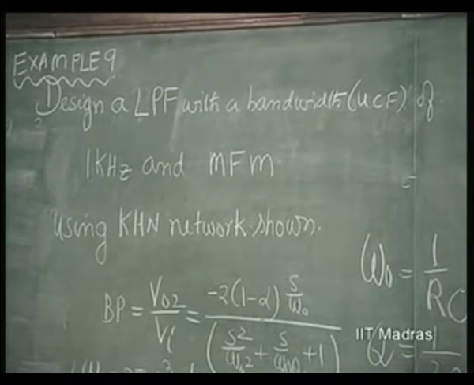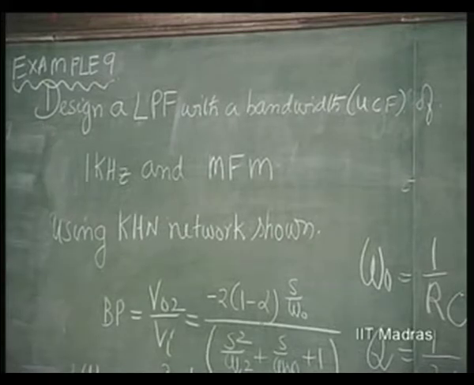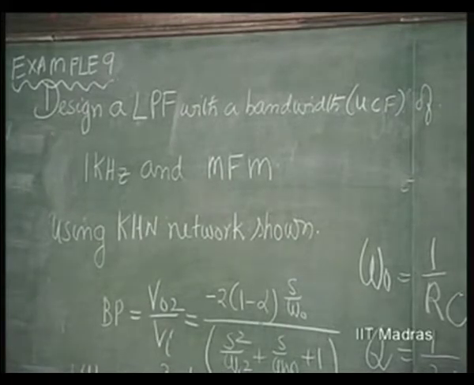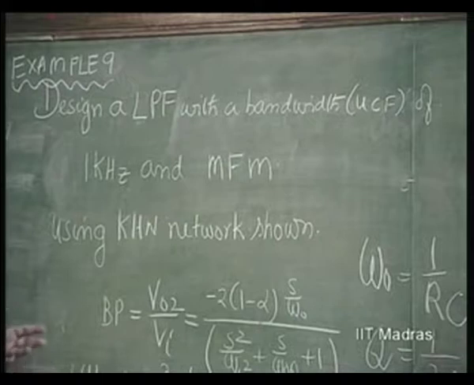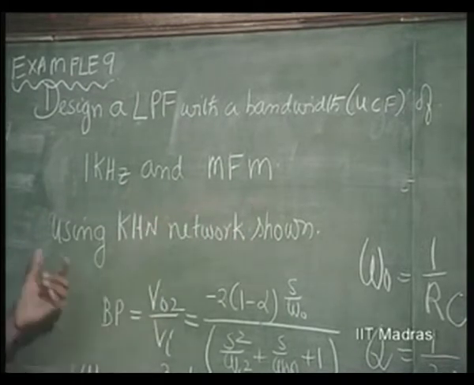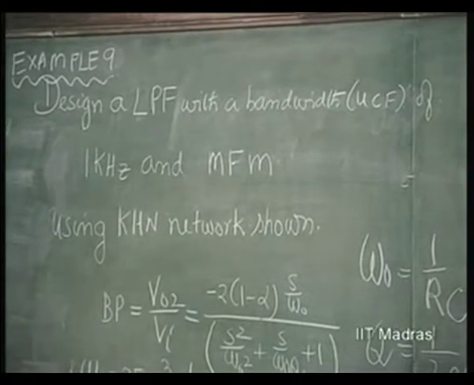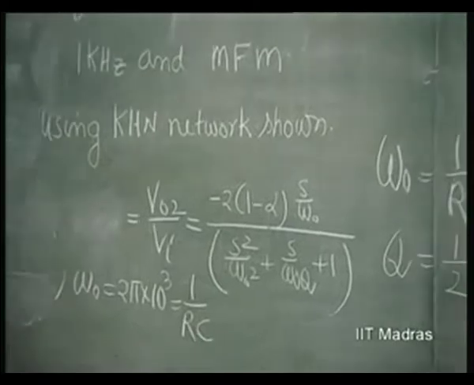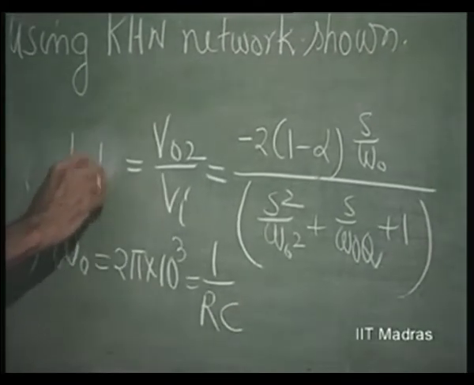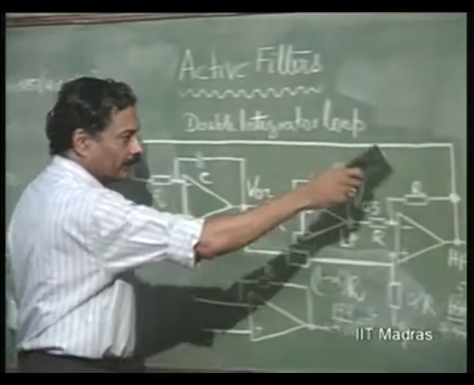So, this is example 9. Design a low pass filter with a bandwidth or upper cutoff frequency of 1 kilohertz and maximally flat magnitude using KHN network shown. So, we have to now take some other output which is low pass output, which corresponds to there in the figure, right.